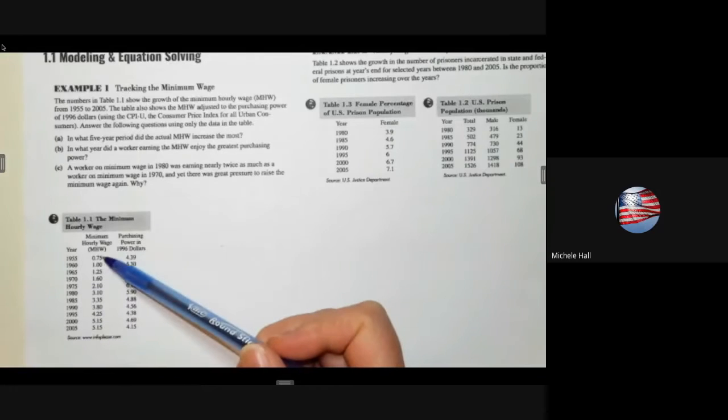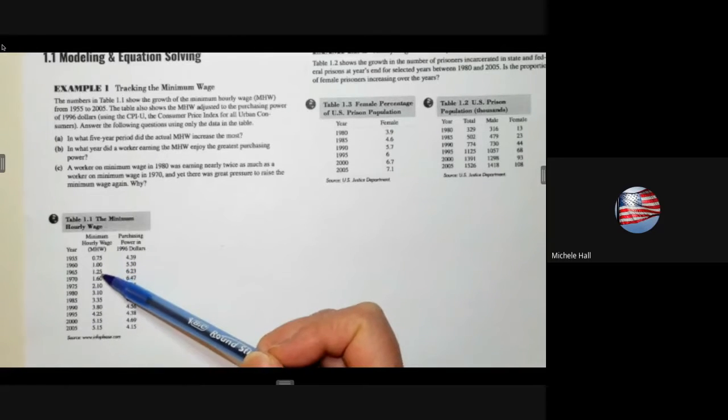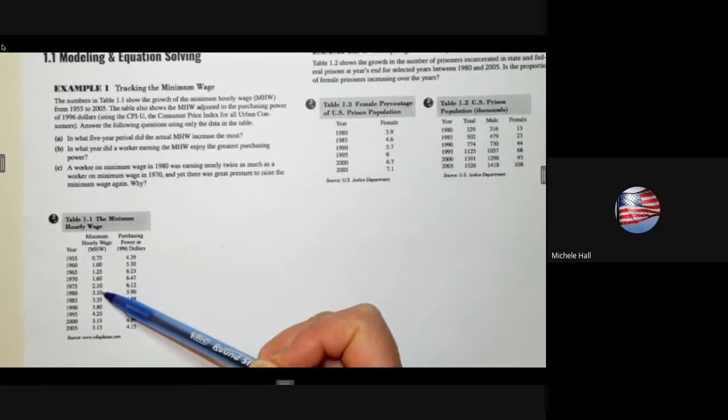Minimum hourly wage, purchasing power. Okay, where do I see the biggest growth here? A quarter, going up a quarter. 210 to 310, there's $1. Is there anything that's more than $1?